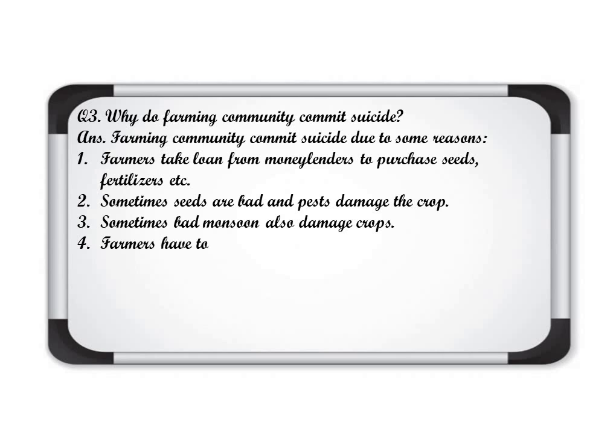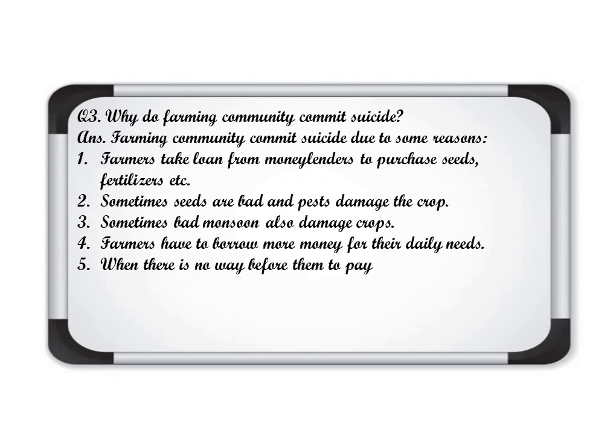Then farmers have to borrow more money for their daily needs, and when there is no way to repay the loan, they become helpless and sometimes commit suicide. So this is the answer for that.